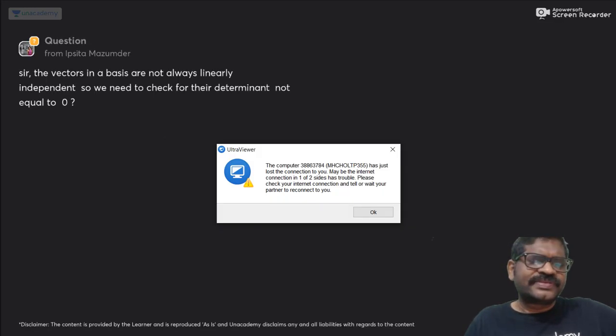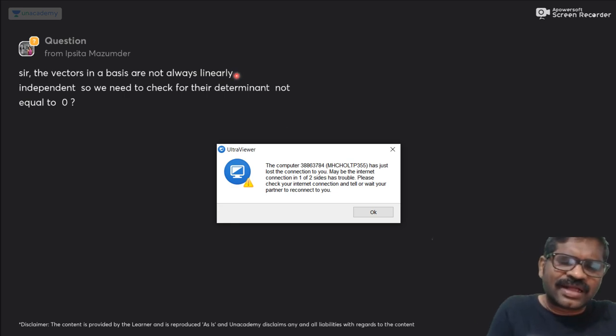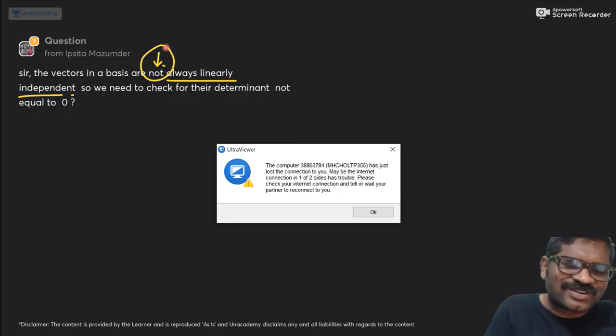Sir, the vectors in a basis are always linearly independent, is that correct? Always independent is correct; saying not always is 100% wrong.